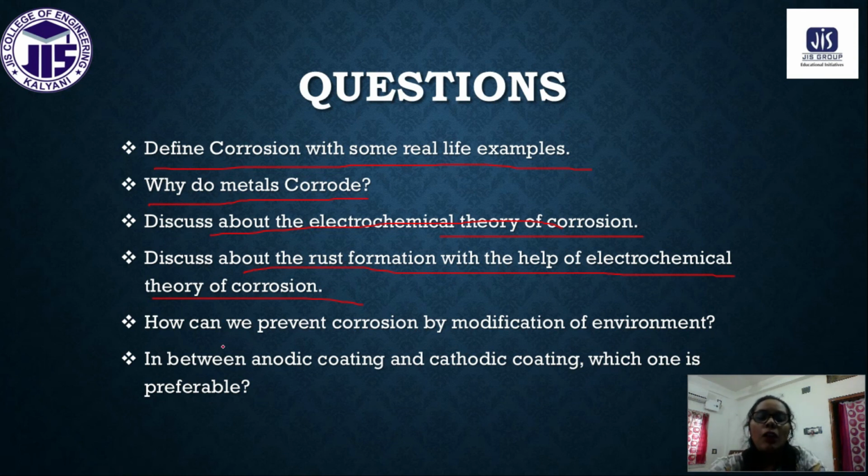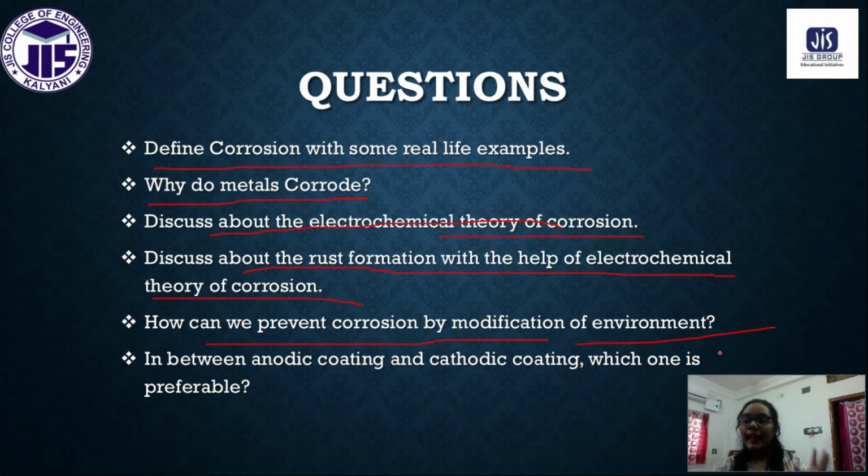Now, how can we prevent corrosion by modification of the environment? If our environment has an excessive amount of humidity or moisture, the rate of corrosion will be higher.